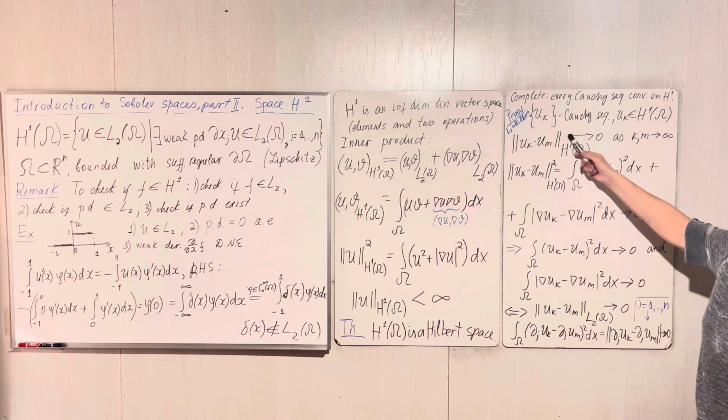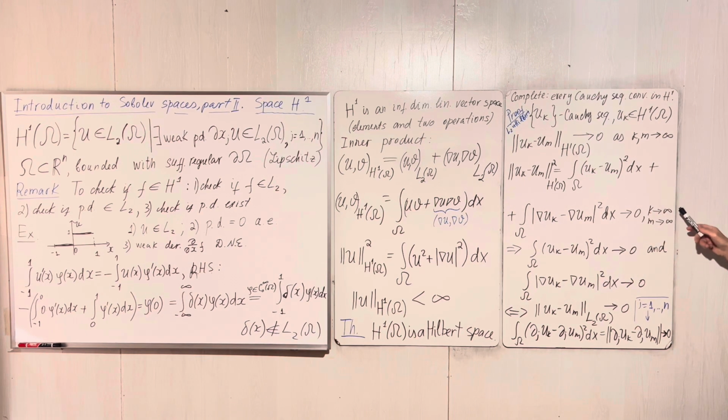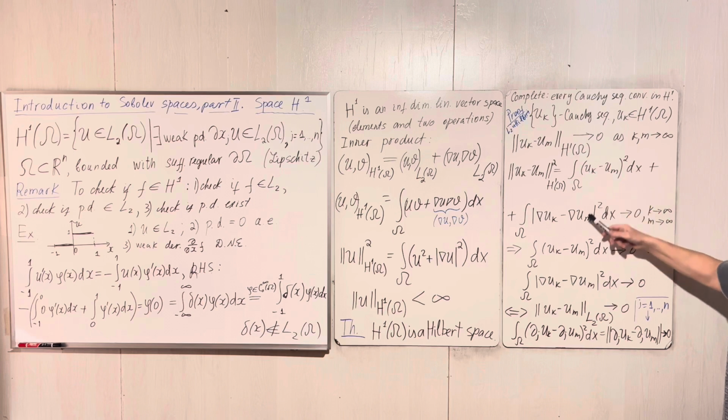And since we know that this goes to 0, I put that this approaches 0 as k and m go to infinity. So what we have is a sum of two non-negative terms that goes to 0. That means that each of them goes to 0.